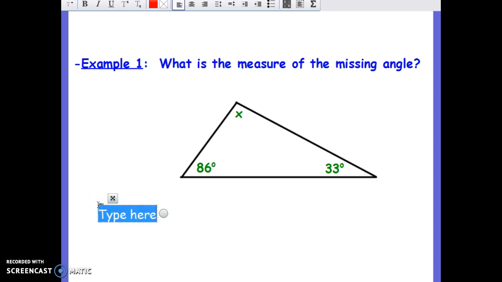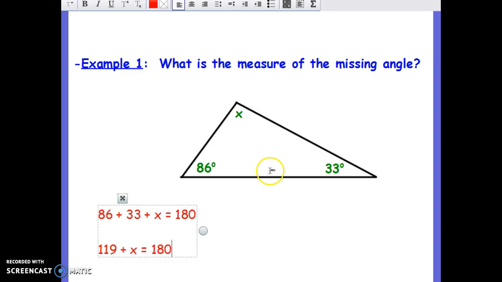So right here we have 86 degrees plus 33 degrees plus x equals 180. Well, we know that 86 plus 33 is going to give us 119 degrees plus x equals 180.